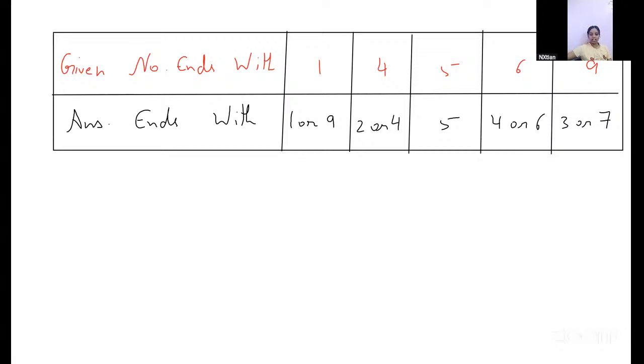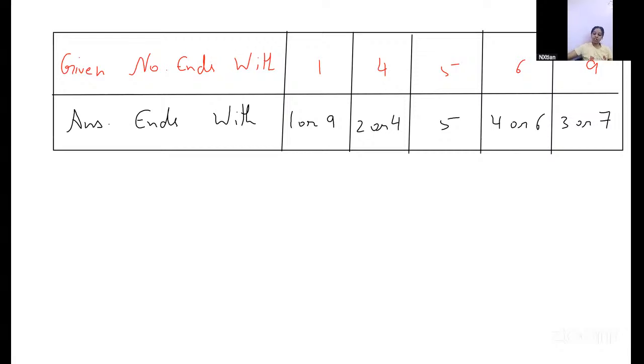Where do these come from? They came from the squares of the numbers from 1 to 10 that I mentioned previously. So you have to memorize this table, for what number, what two outcomes there will be.